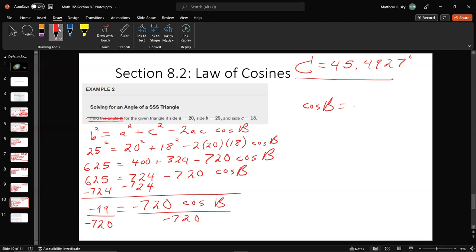So cosine of B equals 0.1375. So then that means big B is, we're still not approximating yet. What am I doing? Anyway, we're going to do cosine inverse of 0.1375. There you go.